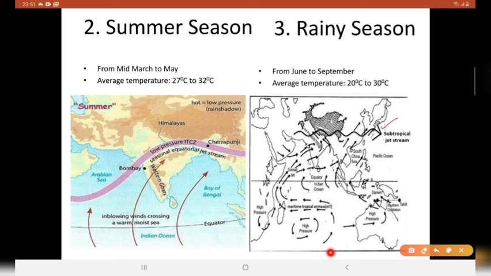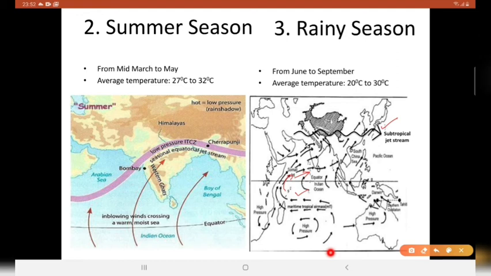So, it is also known as Ferrel's law. You can see here how the southeast trade wind of the southern hemisphere crosses the equator and its direction changes to southwest due to Coriolis force.